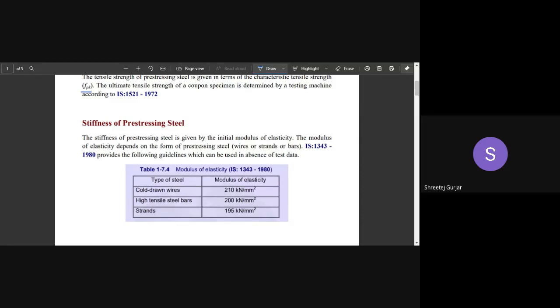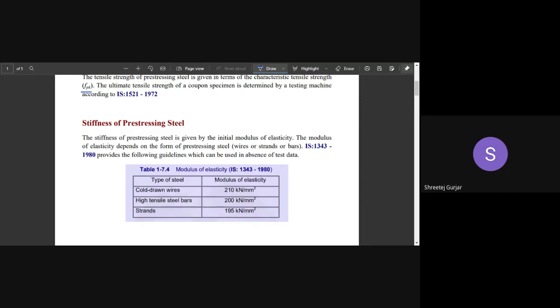So the force which you apply is not equally distributed in all the wires. That is why strands will always have a lesser modulus of elasticity compared to individual wires. That is reflected in this table, where cold drawn wires have more modulus of elasticity compared to strands.